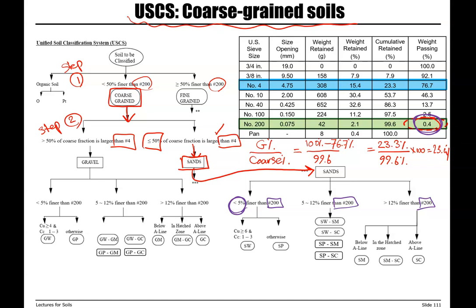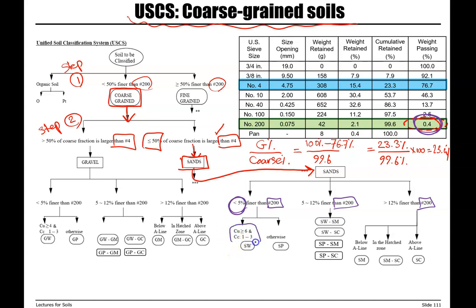Again, this is a very low amount of fines, so we can say that less than 5% doesn't have any significant effect on the engineering properties of sand. We can ignore that we have fines in our coarse-grained sand, and instead of looking at fines to see if it's silt or clay, it's better to see if our sand is well graded or poorly graded.